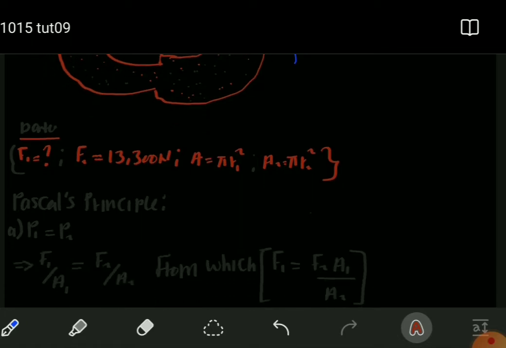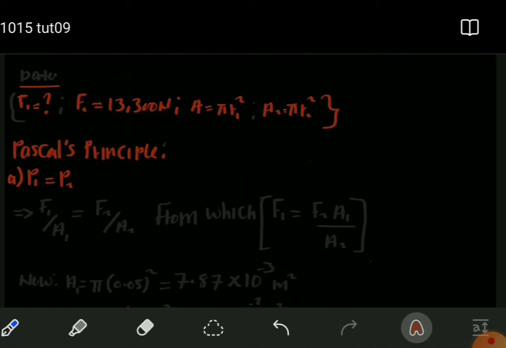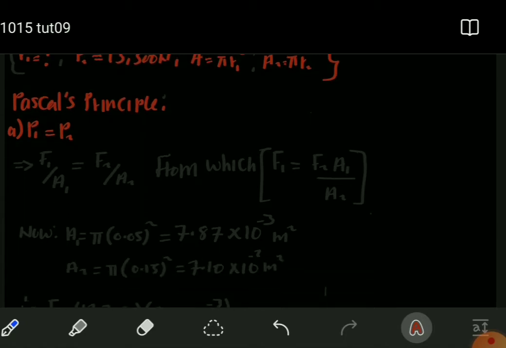Pascal's principle states that P1 must equal P2. We know that pressure is simply the force divided by the surface area, so F1 over A1 must equal F2 over A2.